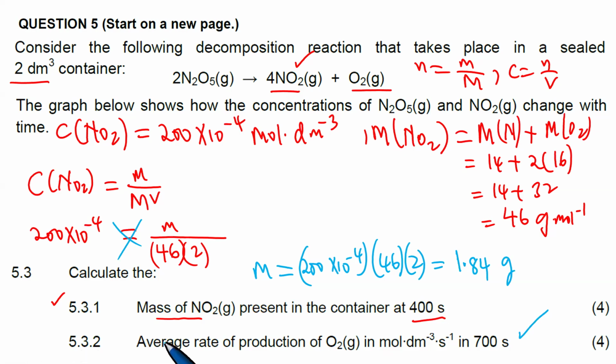Of oxygen. And we need to do that in 700 seconds. Average rate of production of oxygen.